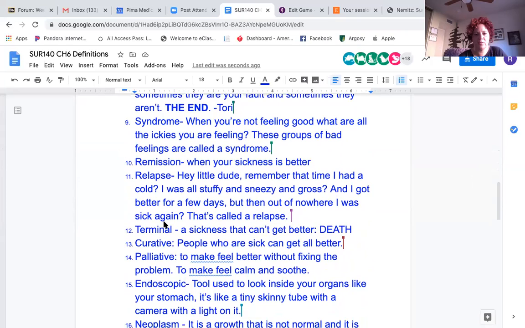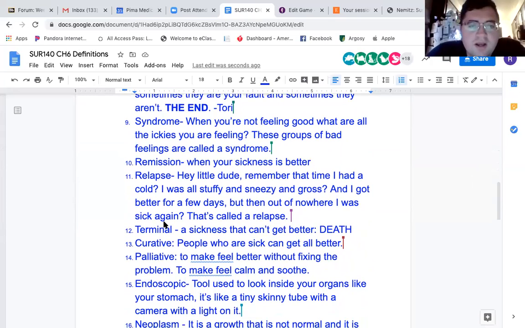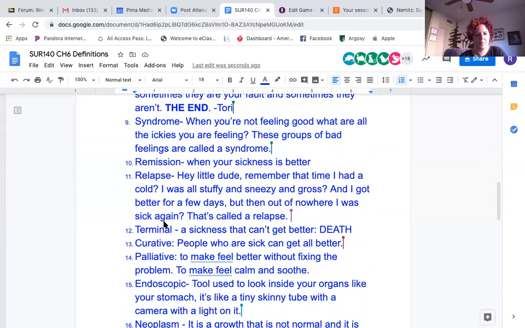Who's up with syndrome? When you're not feeling good, what are all the ickies you are feeling? These groups of bad feelings are called a syndrome. Nice. Very good. Intermission, when your sickness is all better. Yep, absolutely.